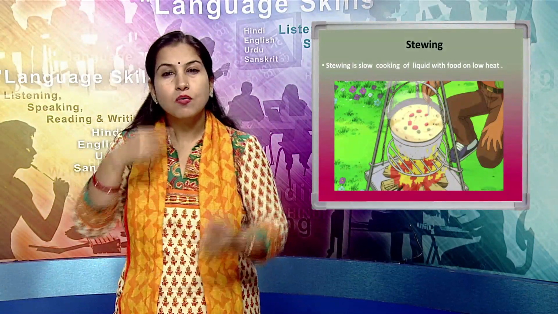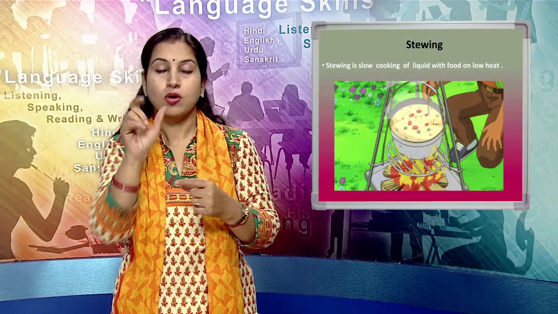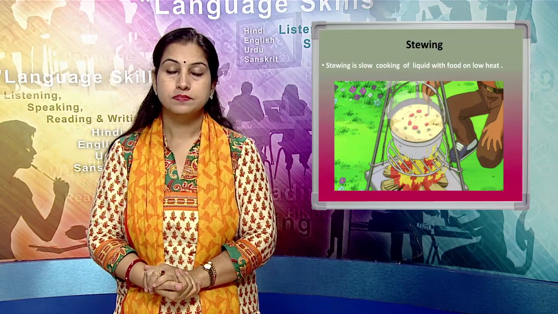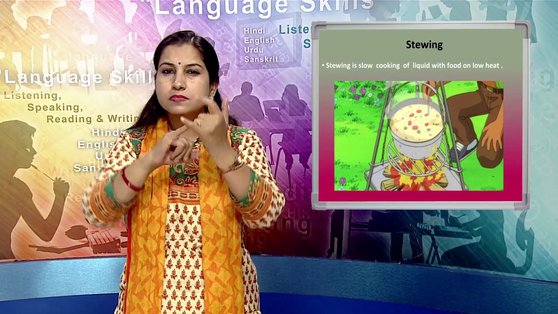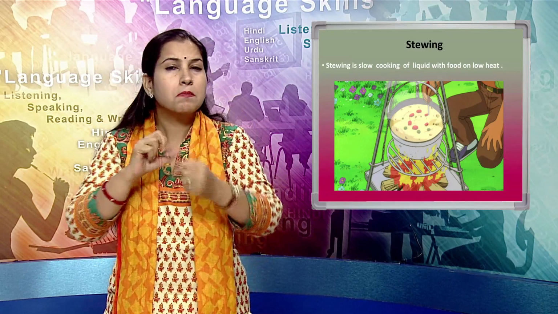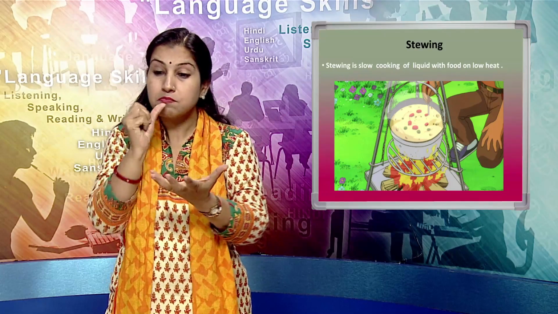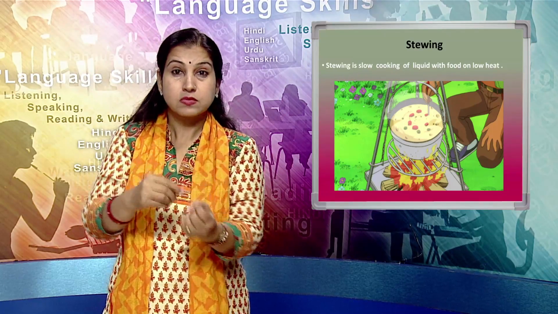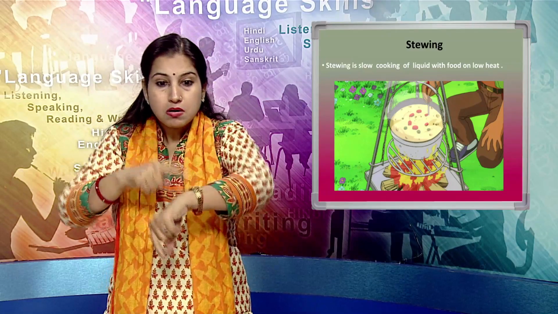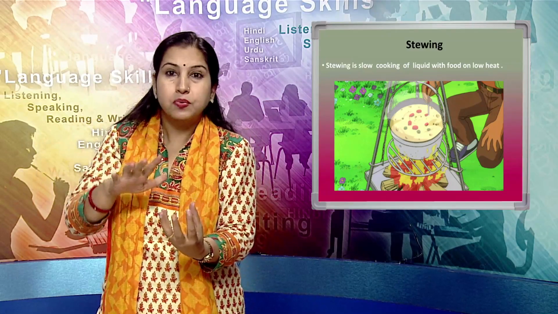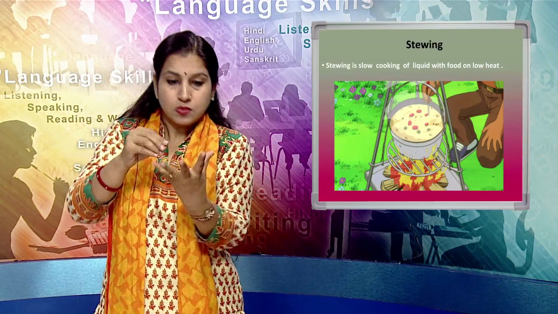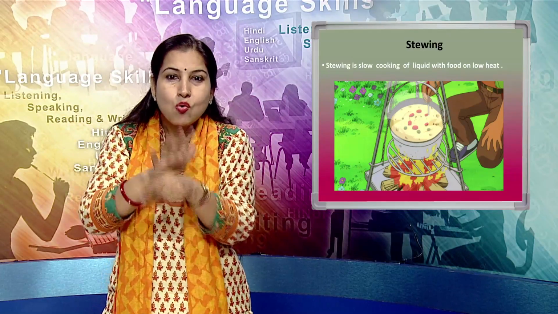Now let's talk about another point, stewing. Stewing is cooking food in a small quantity of water, kept below boiling point and for a long time. This is slow cooking on low heat. This is a slow cooking method.